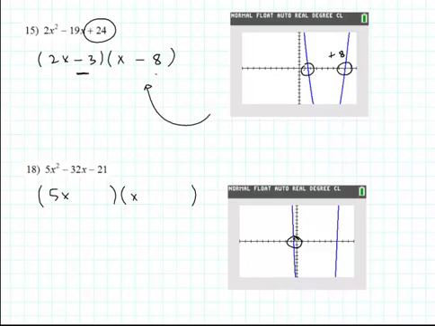Negative 1/5, negative 2/5. I can't predict that. But over here, 1, 2, 3, 4, 5, 6, 7. Positive 7 is that solution. That's going to help me out with this factor here. Positive 7 means I had to have x minus 7 as the factor. Negative 7, something. Negative 21, that something must be a positive 3.